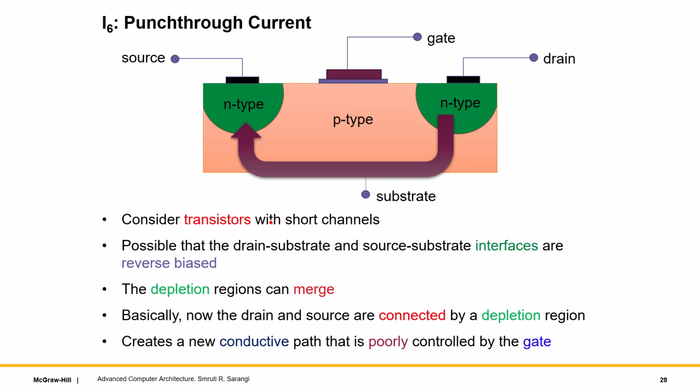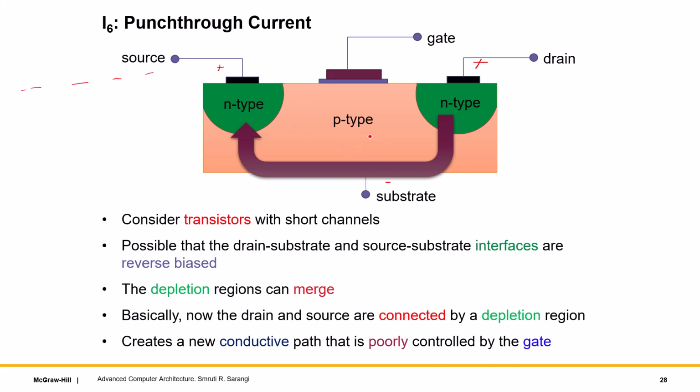If you consider transistors as short channels, what will happen is that these regions will be much larger. So the drain substrate and the source substrate regions will be reverse biased. This is of course a positive voltage, but this also could be slightly positive because there could be other elements connected after it.